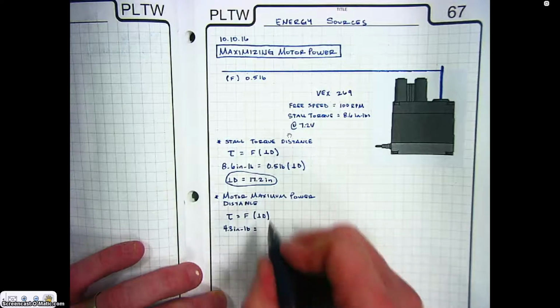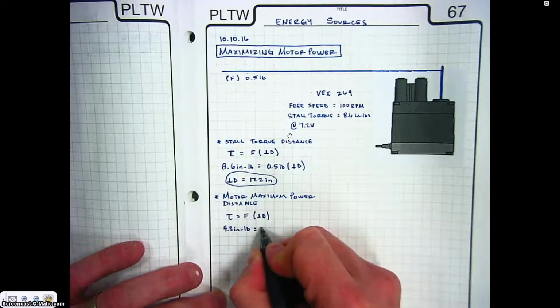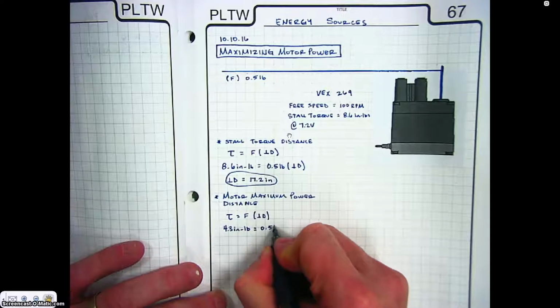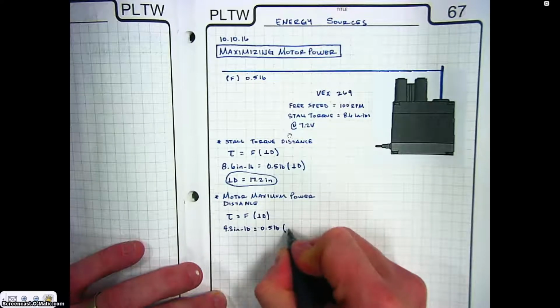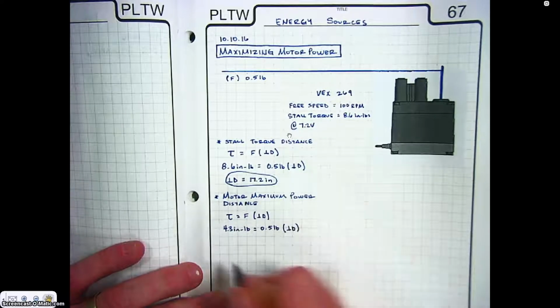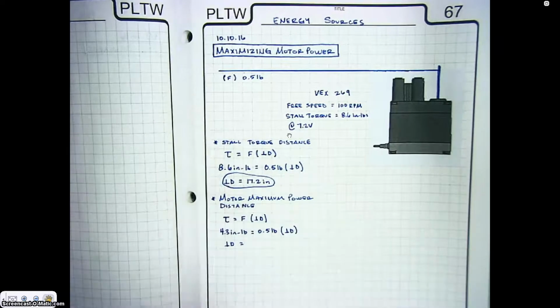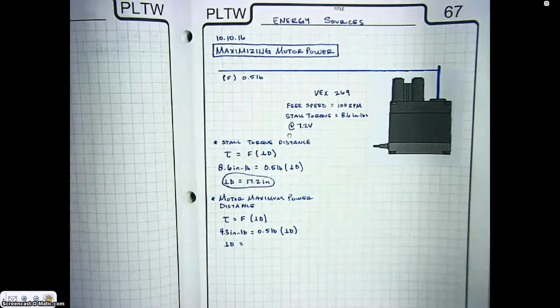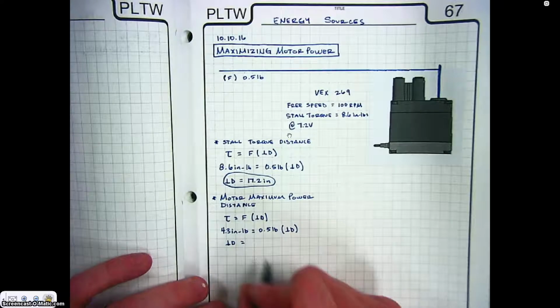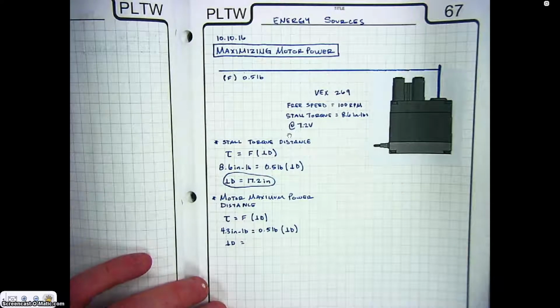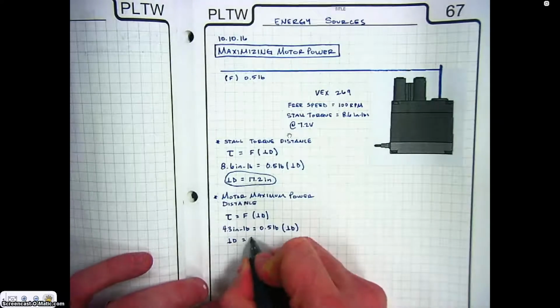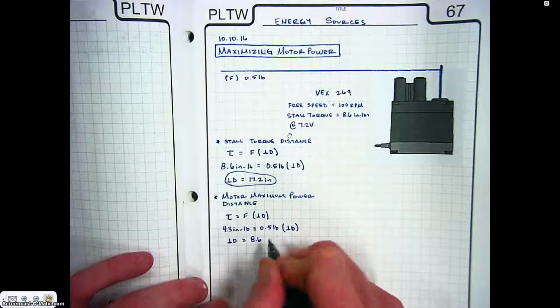That's equal to our force, which is half a pound. Now we're going to figure out the perpendicular distance for our motor to be at maximum power. If we do that, we get 8.6 inches.